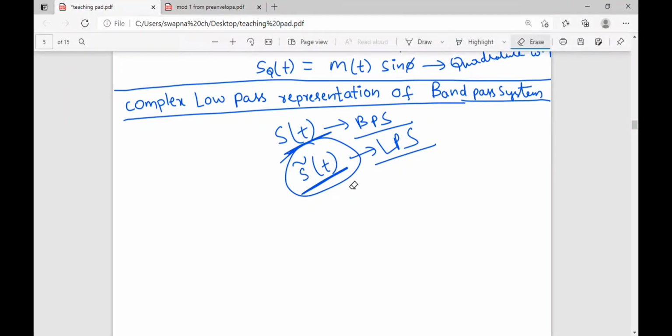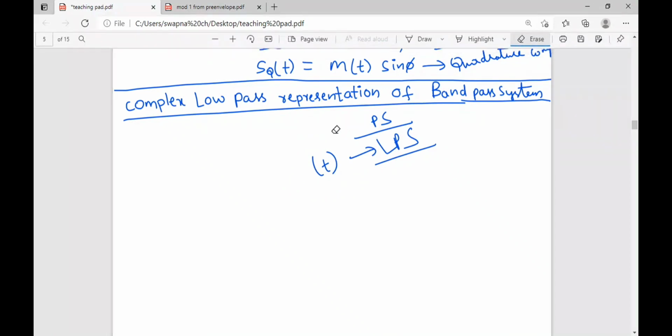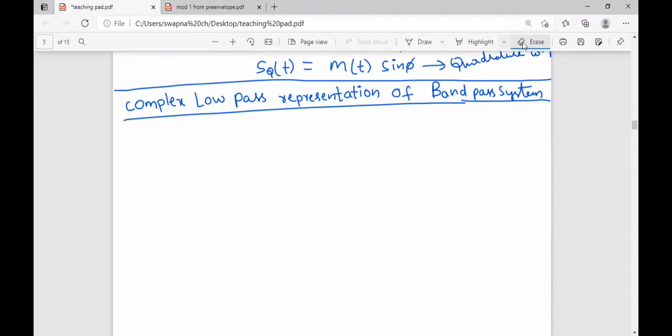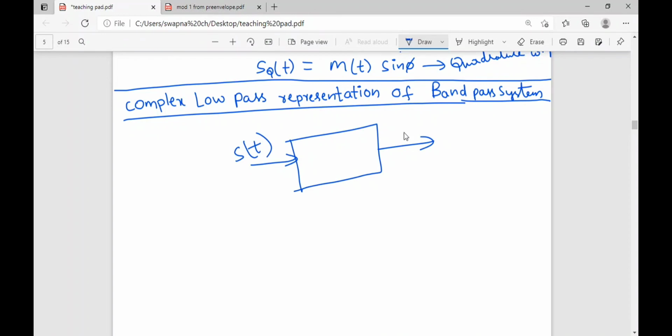In the same way, how will you represent the system? I have a system. What will be the function of this system? See, the input signal is s of t, and the output we'll take as x of t.